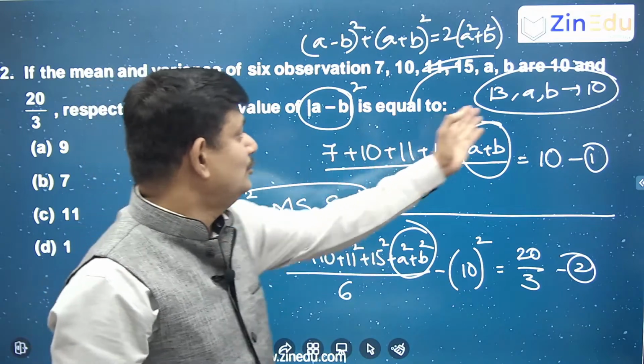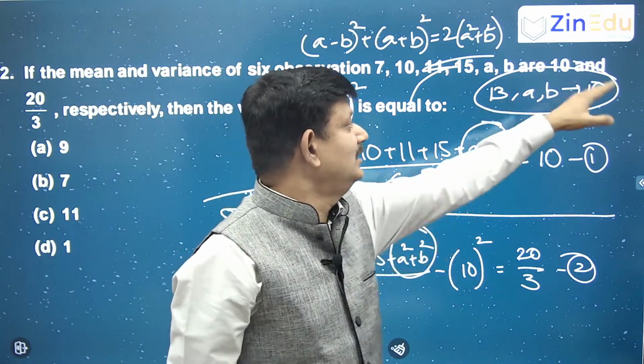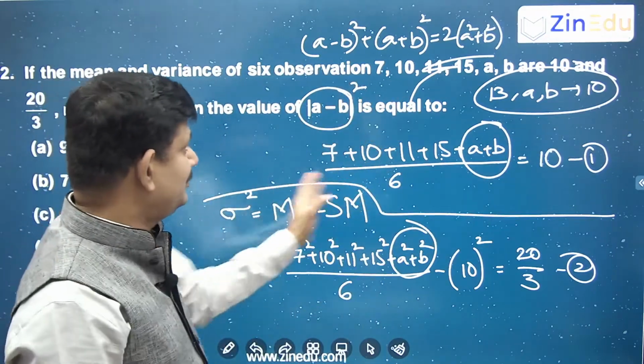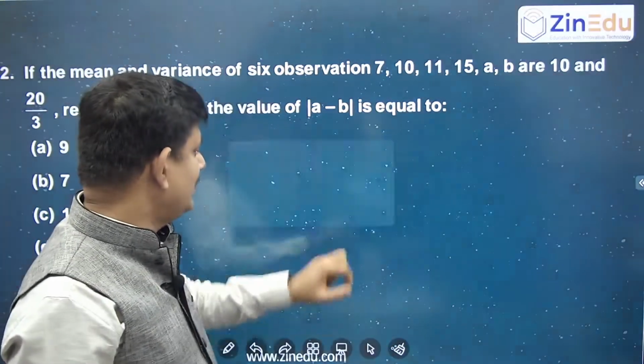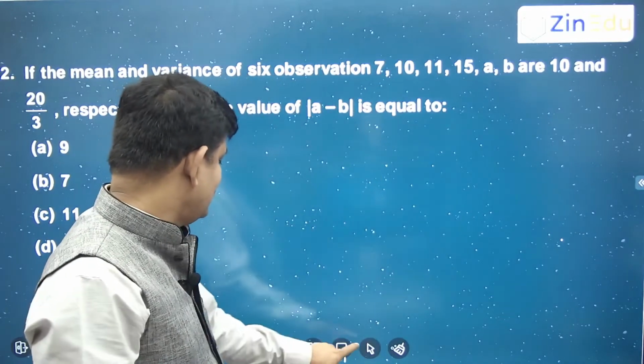Okay. So, you can make it very simple. A plus b is 30. 13, take it to the other side and you directly get the value of a plus b instead of doing all the summation. Okay, so not very calculation intensive, a simple question and a regularly asked question.